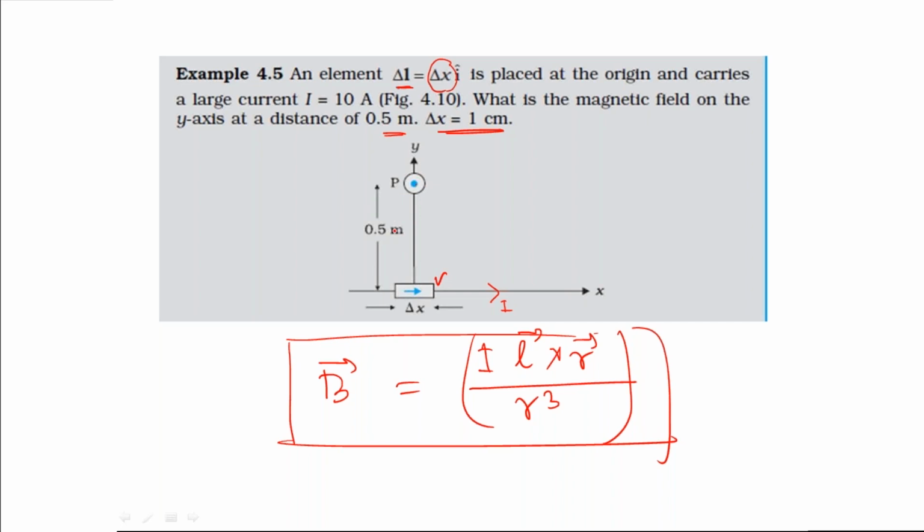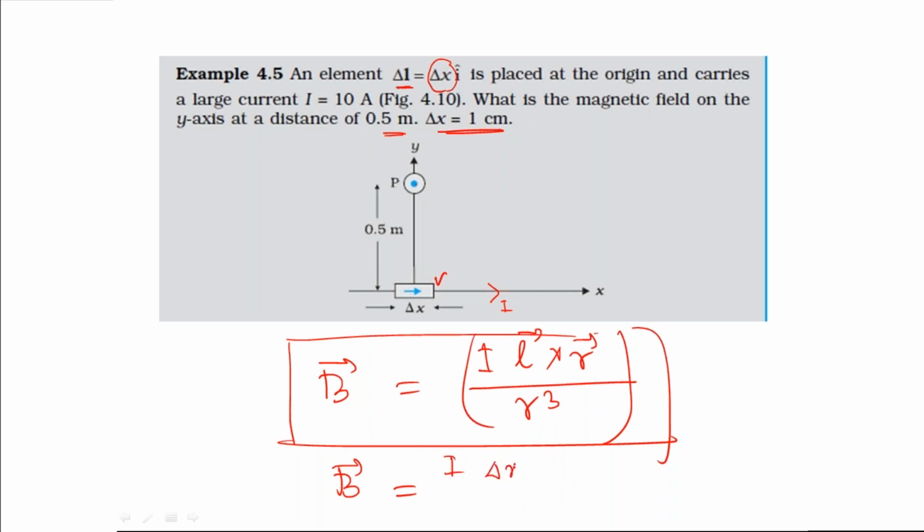Now, for our case, I have to find out the magnetic field at a distance 0.5 meter along the y direction. So let us see how we can apply this formula. Here dL is given as dx, so it has the direction along the x-axis, right?